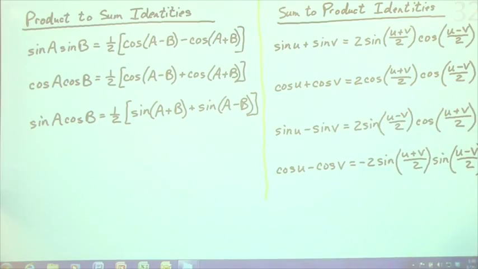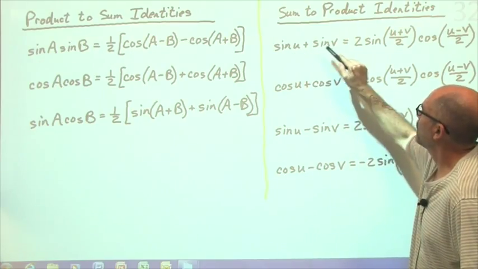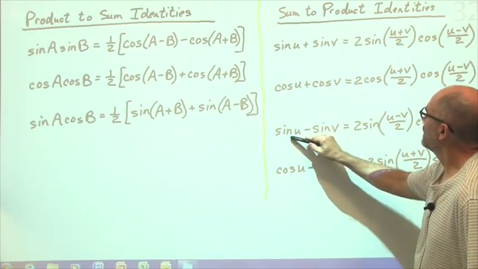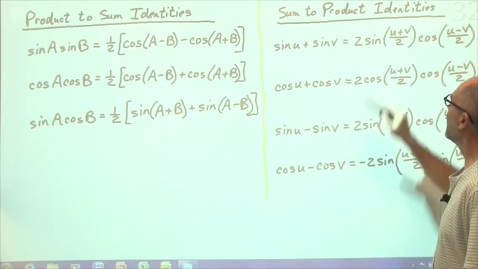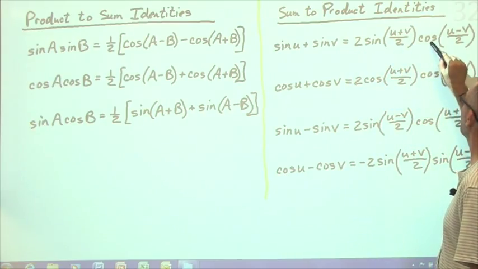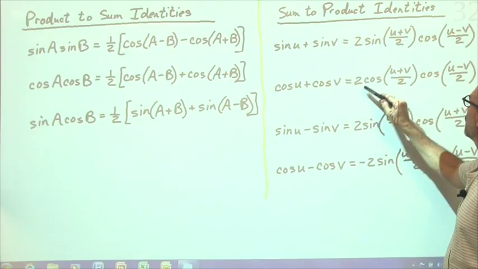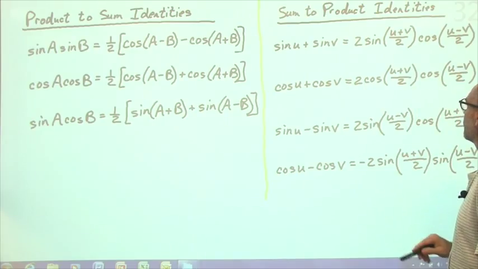Okay, now, if we want to go sum to product, well, there are 4 different sums we could have. We could have both sine, we could have both cosine, or we could have the difference in sines or the difference in cosines. So if we have the sum of the sines, then it's 2 sine cosine, u plus v, u minus v. The sum of the cosines is 2 cosine cosine, plus minus.